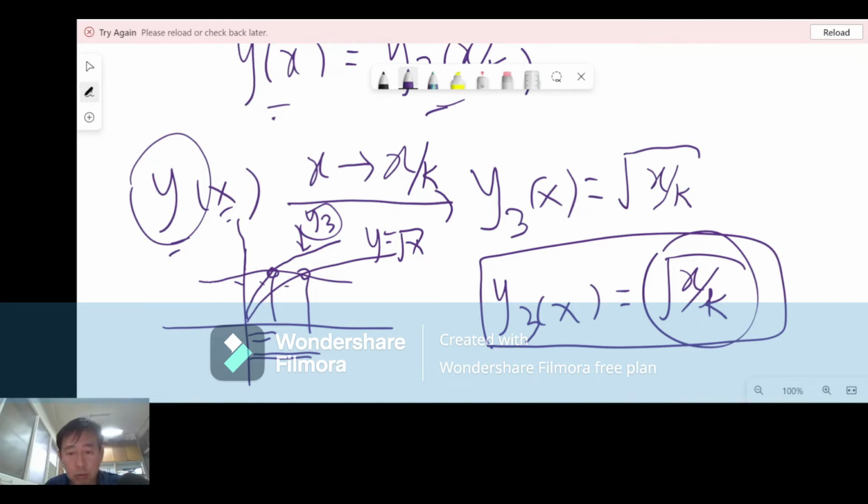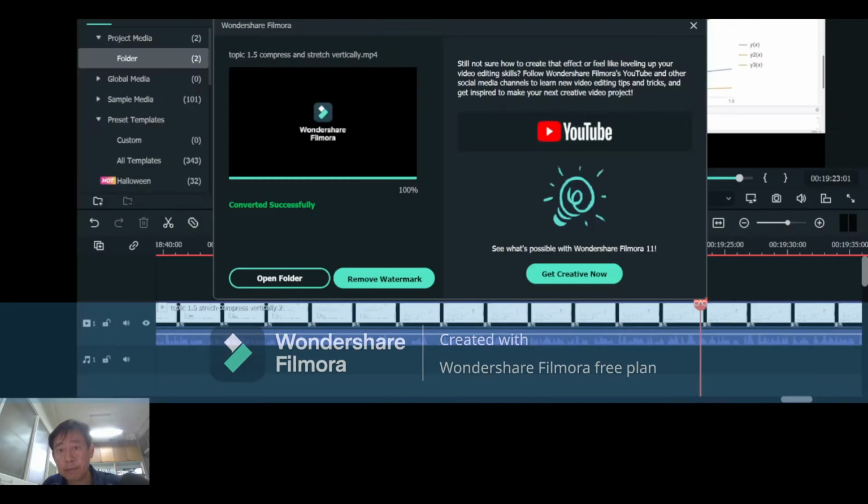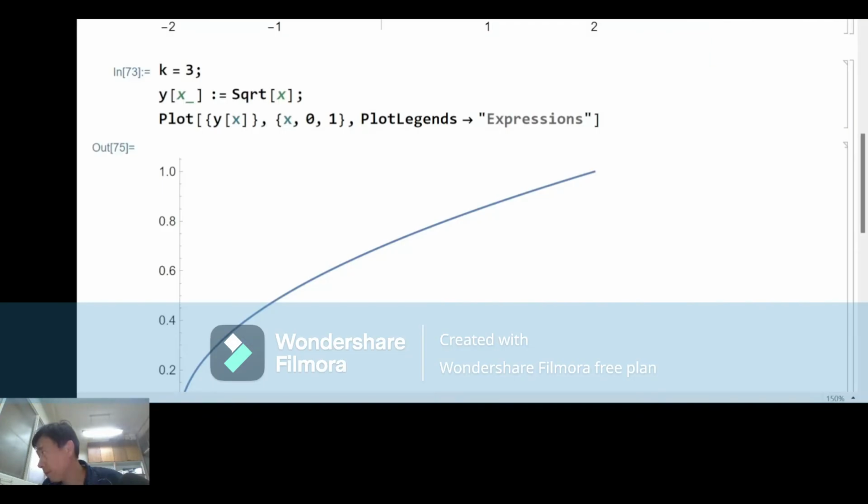So let me go to my Mathematica. I'm going to define my y3 as the square root of x divided by k. So this is my Mathematica code. Originally, I have a function of square root of x.